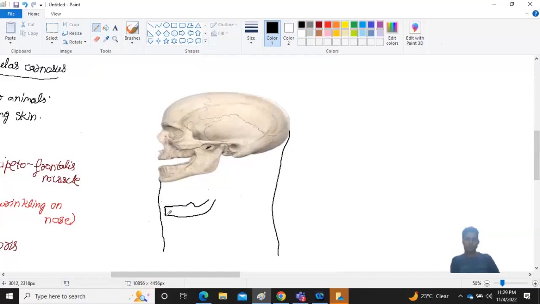Done. And here is the artery that comes out, called the external carotid. Then there is a branch that comes out of the external carotid artery, which is called the facial artery.